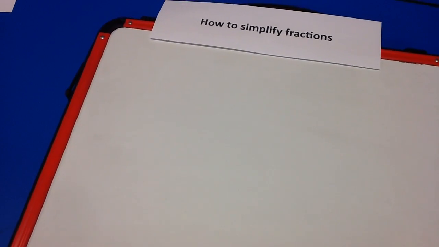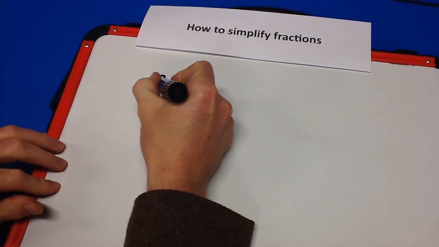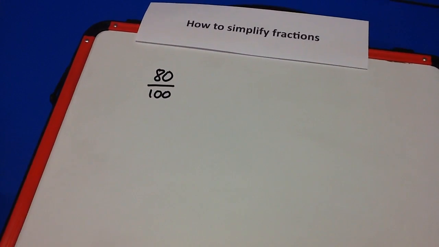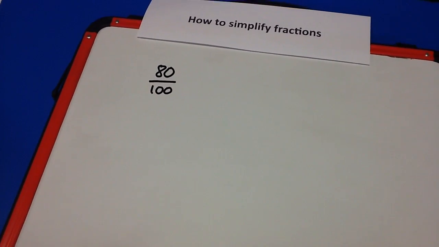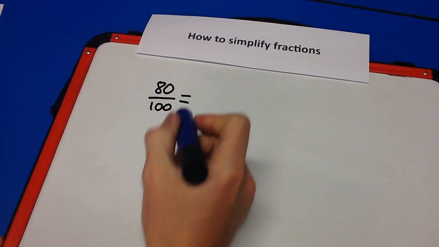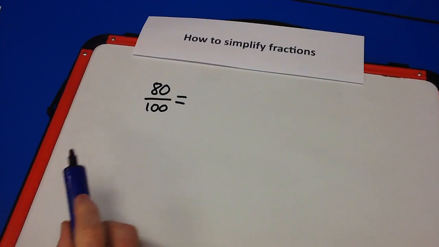There are a few ways of doing this. If I gave you the fraction 80 hundredths, the simplest way of doing it, the easiest way, but it's the longest way, is just trying to divide the denominator and the numerator by 2.